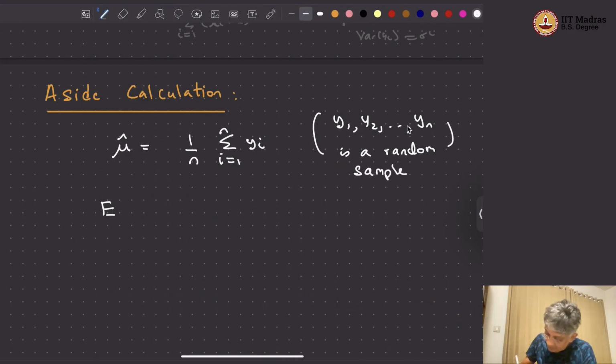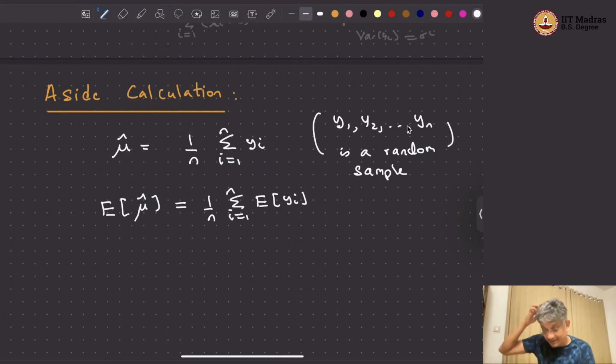So E of mu hat is going to be 1 over n, the sum from i equal to 1 to n, E of yi. Here what did I use? I used the fact that the expectation is linear. That's all I used here, linearity of expectation.